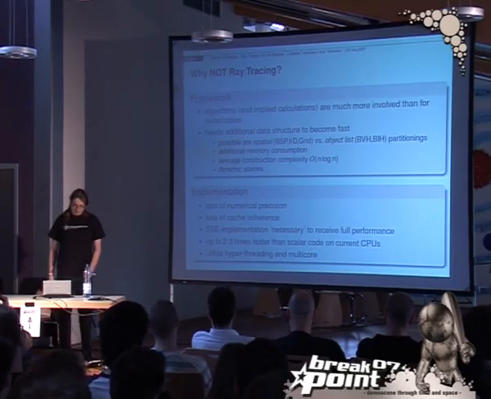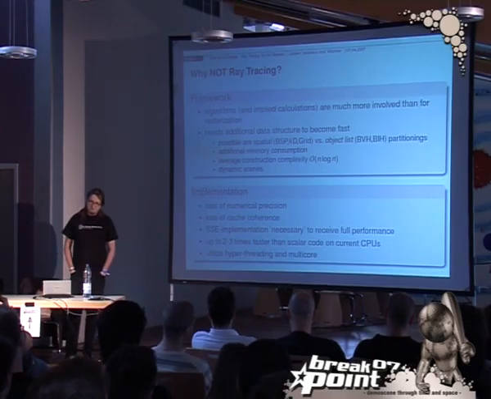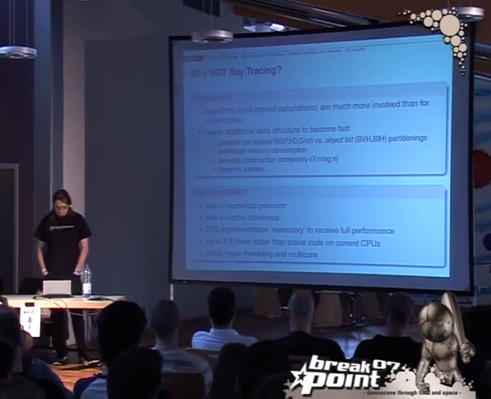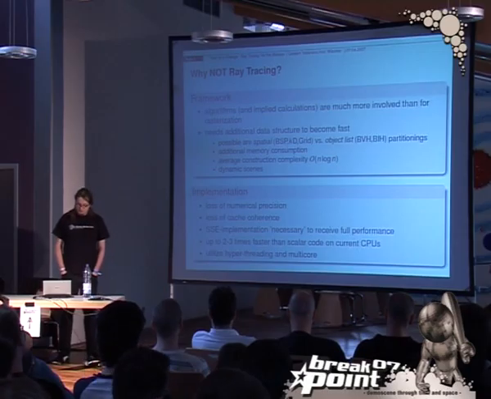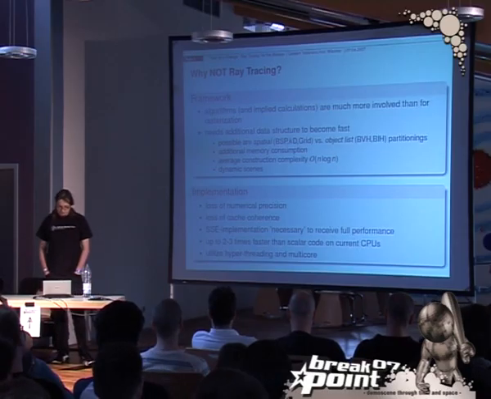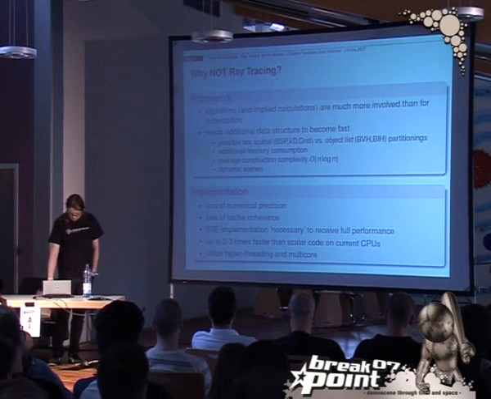And then you also need an SSE implementation, so not really assembler, but using intrinsics to get the full performance. This is about a factor of 2 to 3 times faster on the latest CPUs by Intel and AMD.